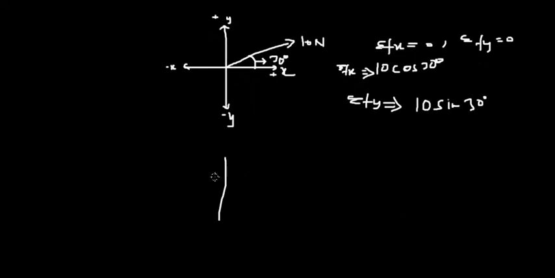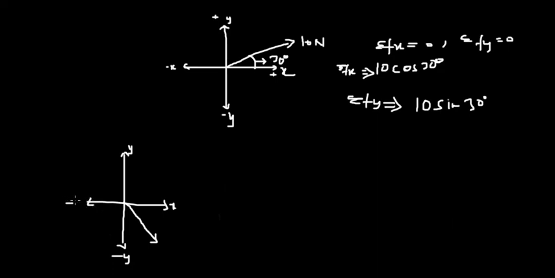So let's say we have this question, and we have a certain force over here. These are x axis, these are y axis, these are negative y, and these are negative x, and let's say this is 15 kilonewtons. And we have an angle over here, which is, let's say, 45 degrees.